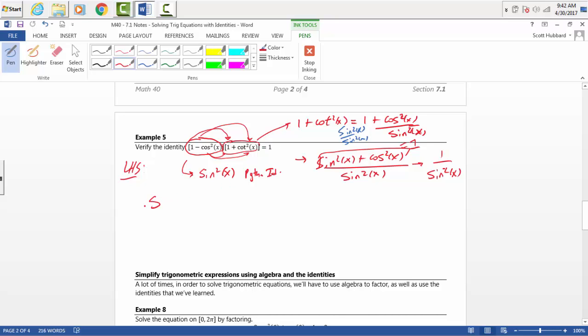So now we'll have sine squared x times 1 over sine squared x. All right. That's what we have on the left hand side now. And so now those just cancel out. And we're left with 1, which was the right hand side.